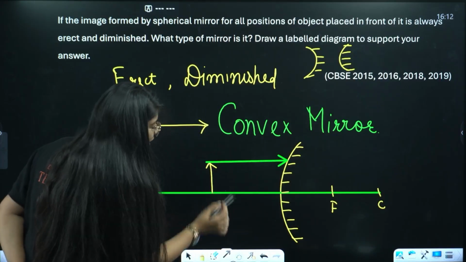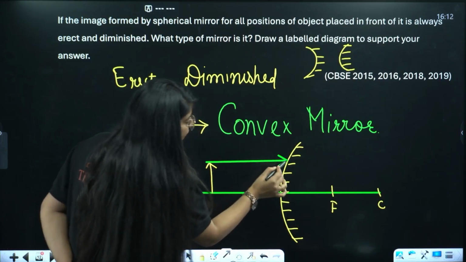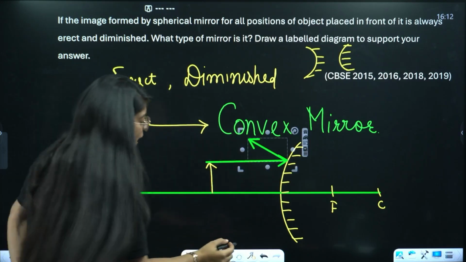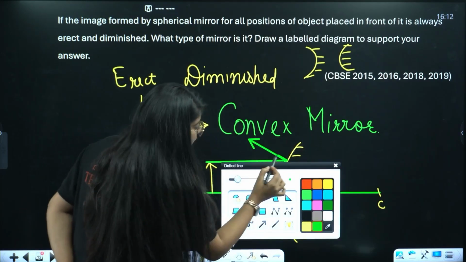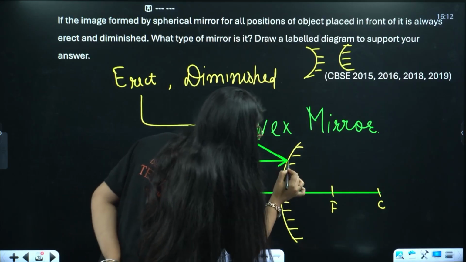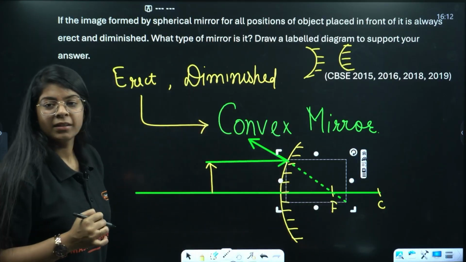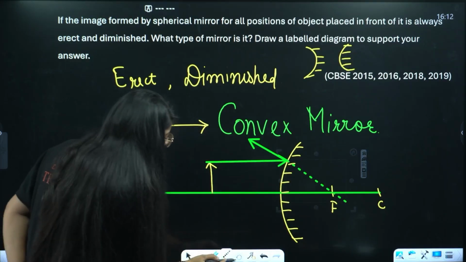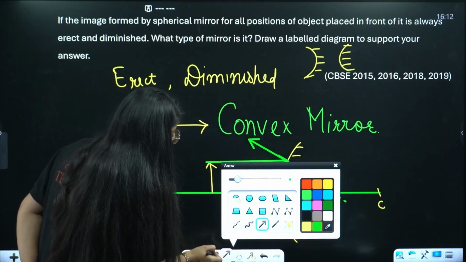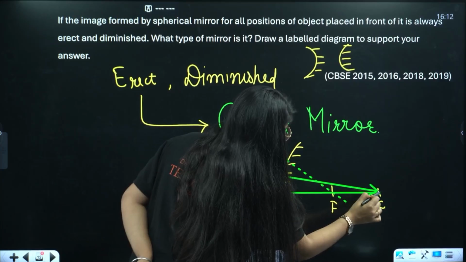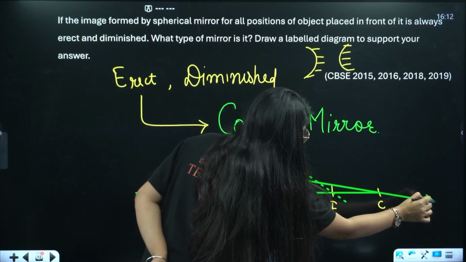So the first ray will be going parallel and it will be coming back something like this, but it appears that it is passing through focus. Understood? Then the other ray that will be going towards the center of curvature, something like this.